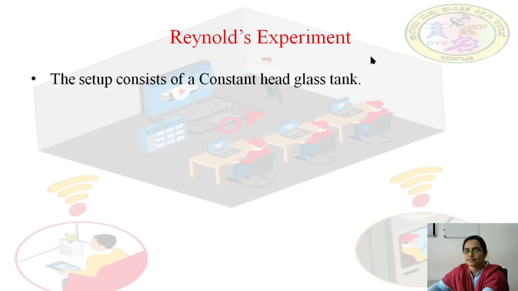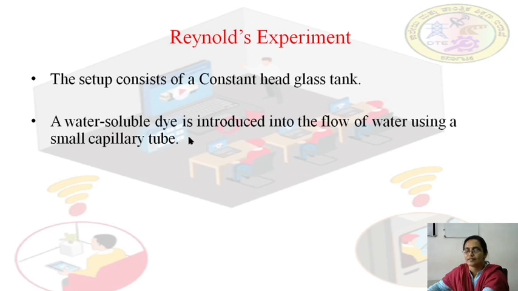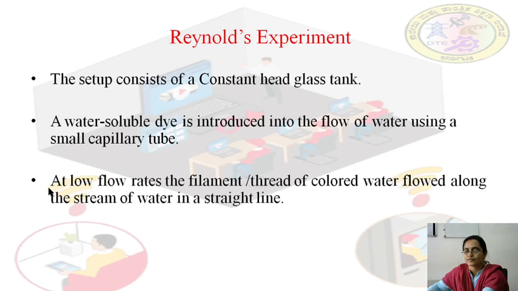So in Reynolds experiment, this setup consists of a constant head glass tank, as you saw in the figure. A water soluble dye is introduced into the flow of water using a small capillary tube. At low flow rates, the filament or thread of colored water flowed along the stream of water in a straight line.